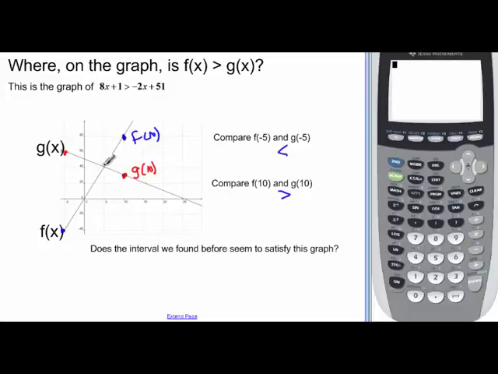If we think about the intersection, remember we know that at intersections of two graphs, that's where they're the same. And over here, on this side, we have f is greater than g. And over here on this side, we have f is less than g. So we want to go from here over. So it's going to be from 5, but not including 5, to infinity, just like we found in the case before.